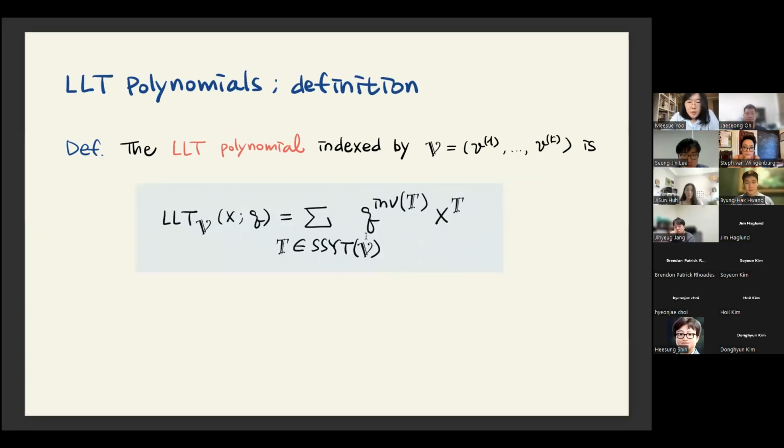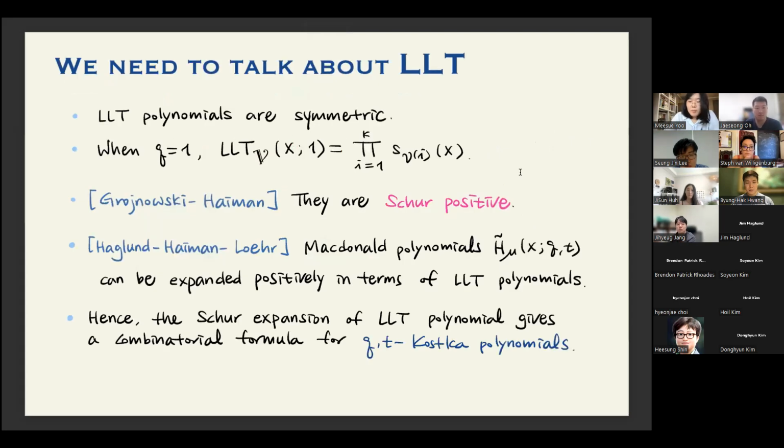So it's equivalent to consider this LLT polynomial defined in this way to consider the original definition. But what we are going to consider is when these shapes are only single cells, and those are called unicellular LLT polynomials.